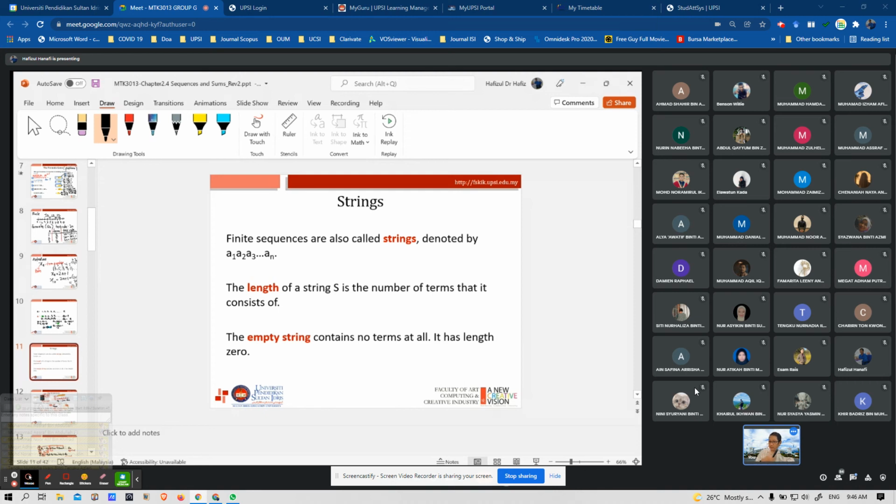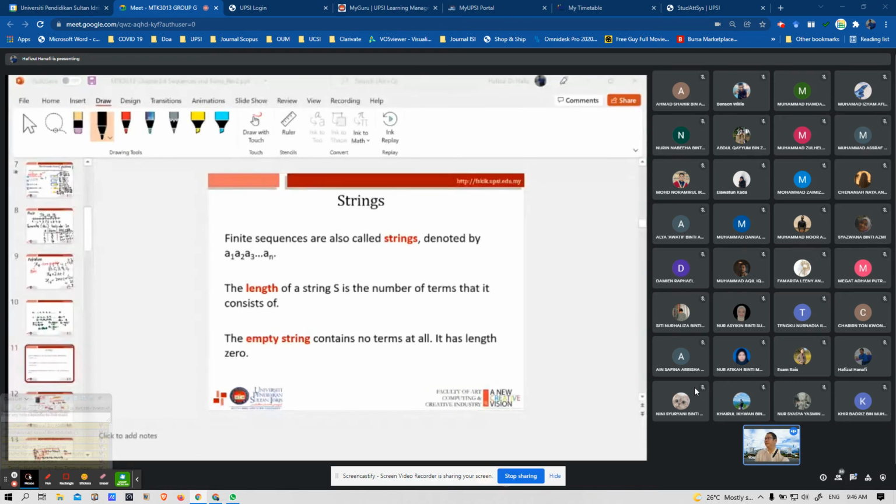It has a length of 0. Okay, before this we have learned sequences.